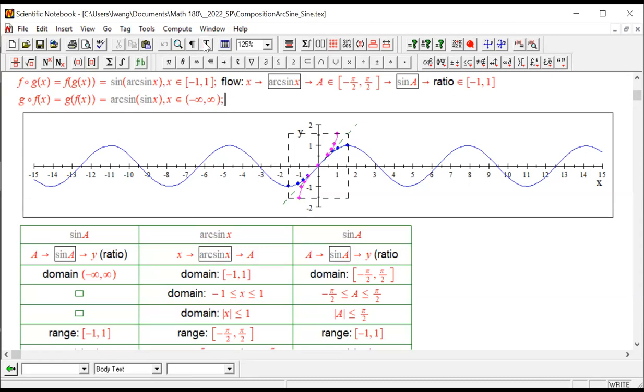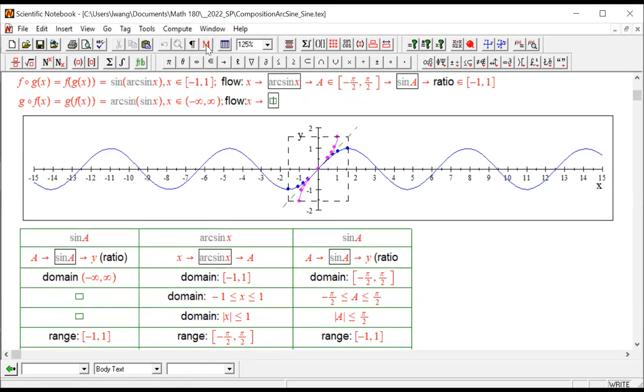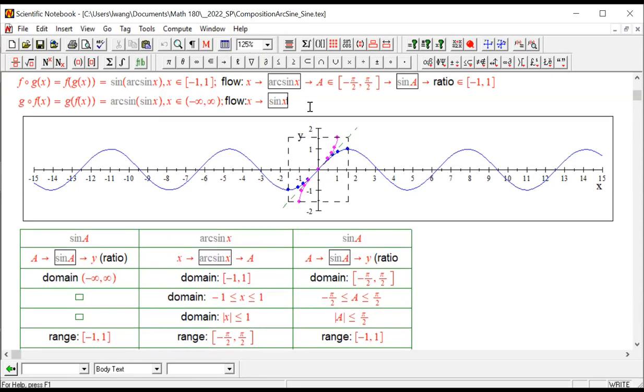The flow is that x is the input to sine, it produces a ratio, and this ratio is in the range for sine.